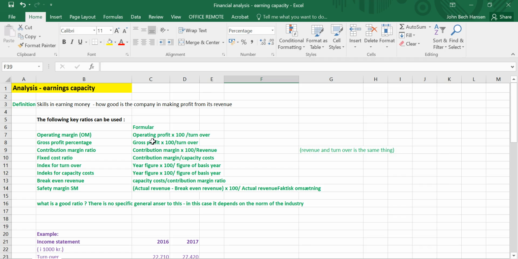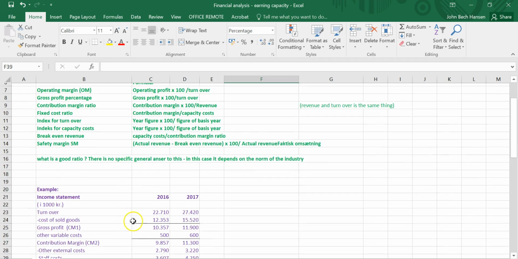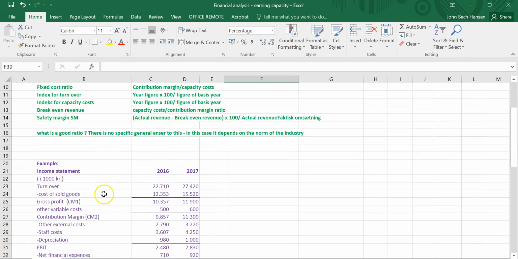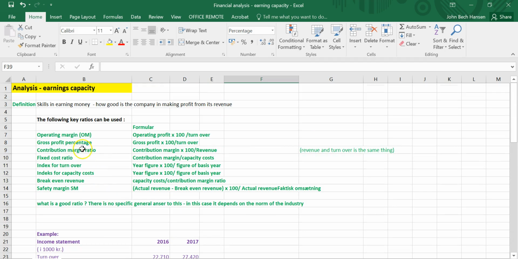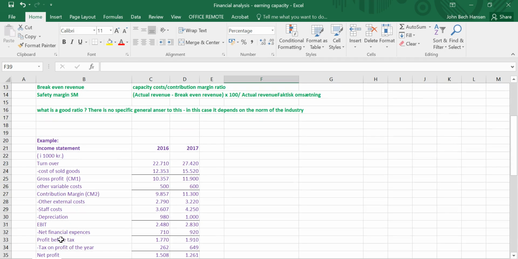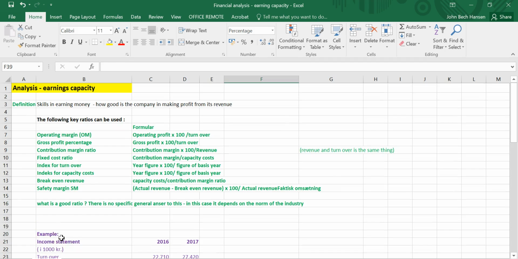So we can go down actually not only to calculate the total from the income statement, but we can also look at the various products or the various customer segments or sales areas, or how we, let's say, divide and structure our company. But here we take it in total.